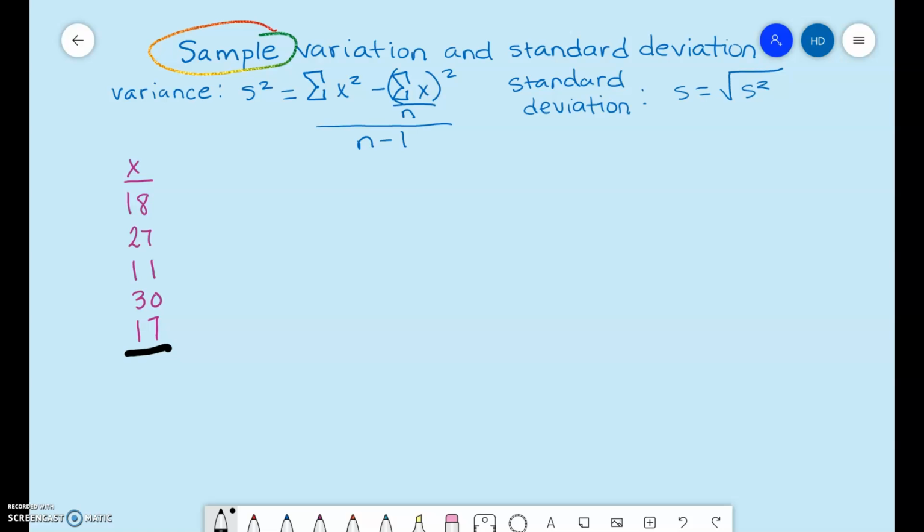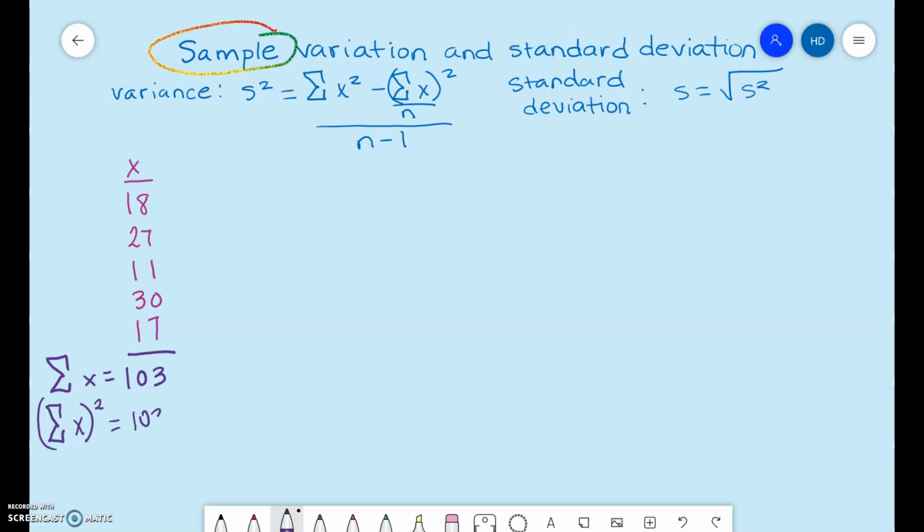So when you sum those up, you're going to get 103. That represents the sum of x's. We need the sum of our x's, and we need to square that number.